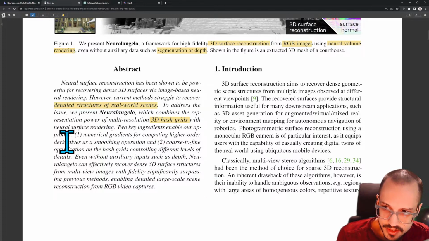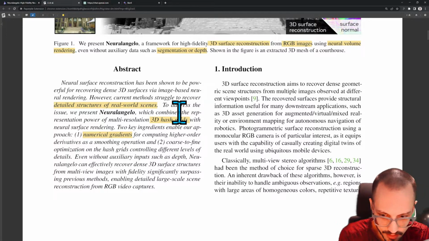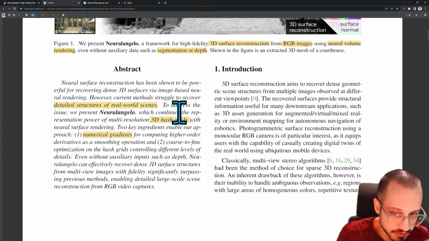Two key ingredients that enable our approach: numerical gradients for computing higher order derivatives as a smoothing operator. Okay, so numerical gradients are different from analytical gradients. Analytical gradients, think about that as actually sitting there with the equation and calculating the exact derivative of some kind of function, right?